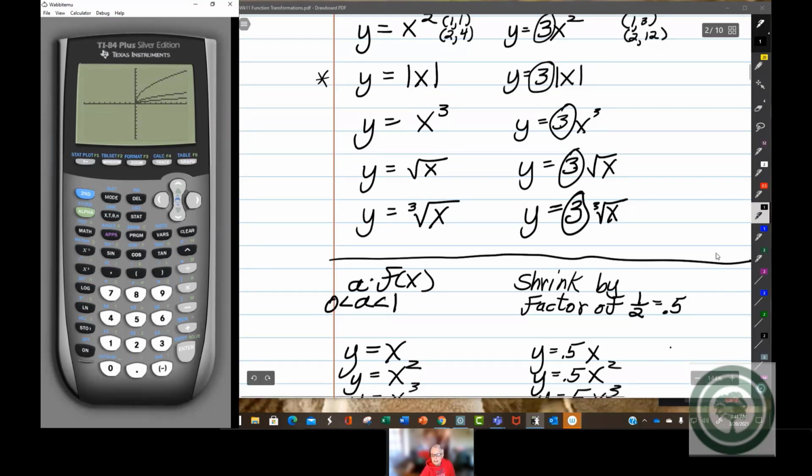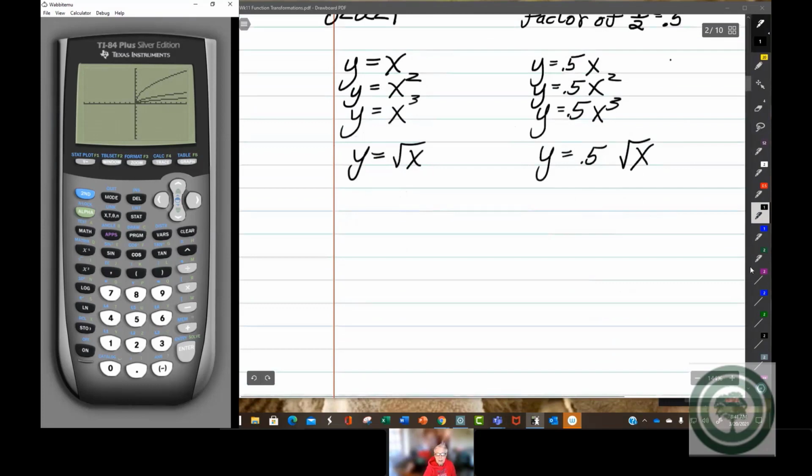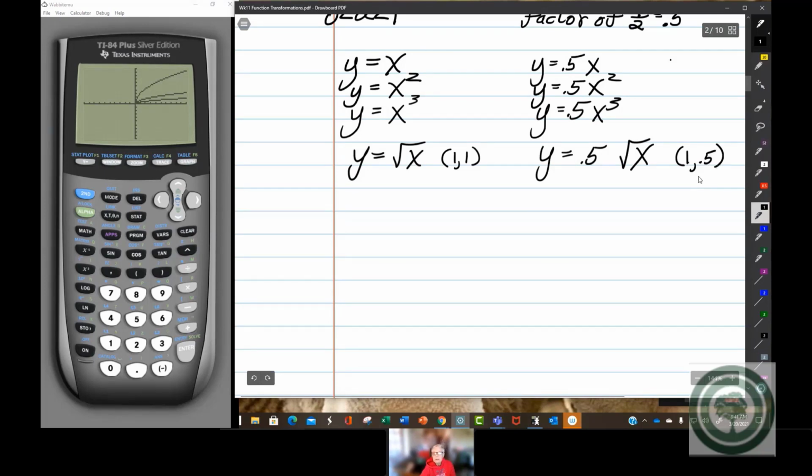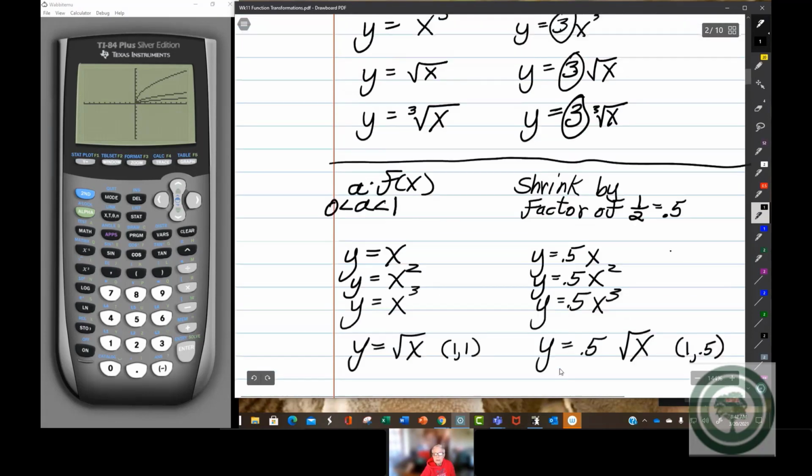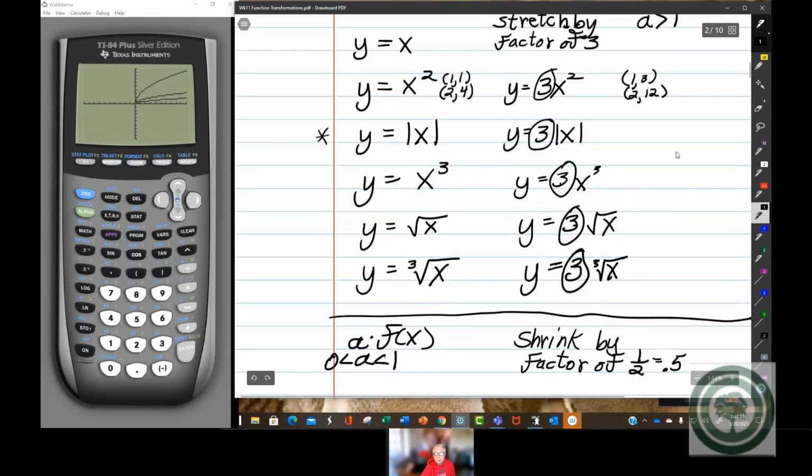But now, for instance, in y equals the square root of x, the point (1, 1) is now the point (1, 1/2). This number, whether it's big or little, multiplies all the y coordinates and leaves the x coordinates completely alone.